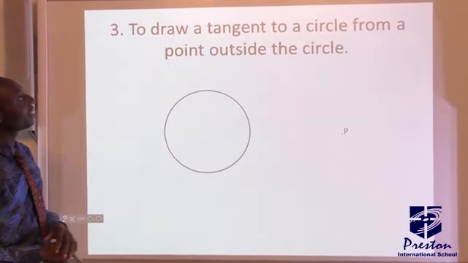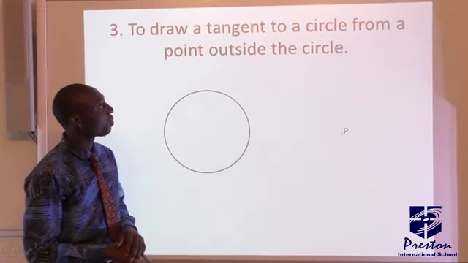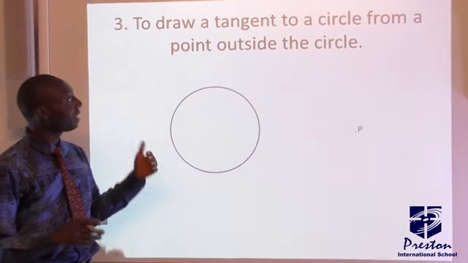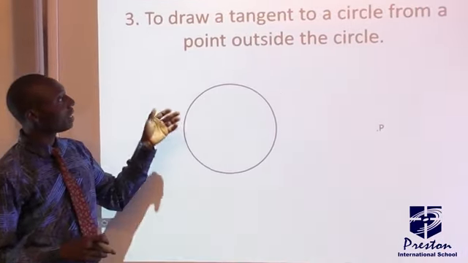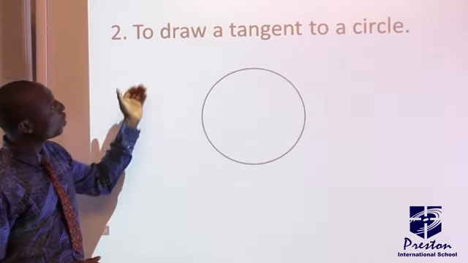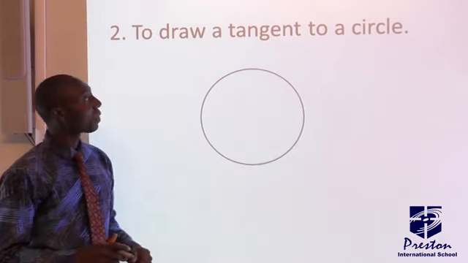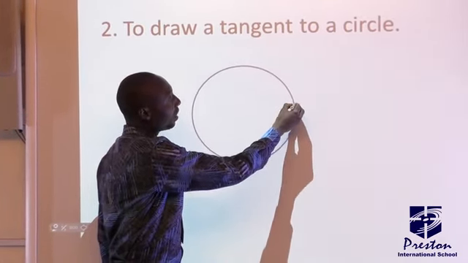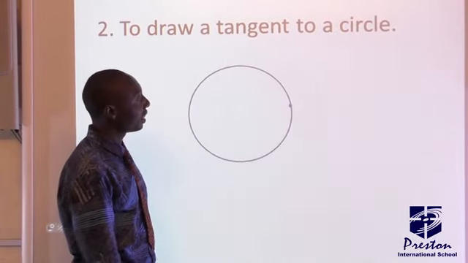But to draw a tangent to a circle from a point on the circumference, we can do that. So to draw a tangent to a circle, the first thing is to pick a point on the circumference.